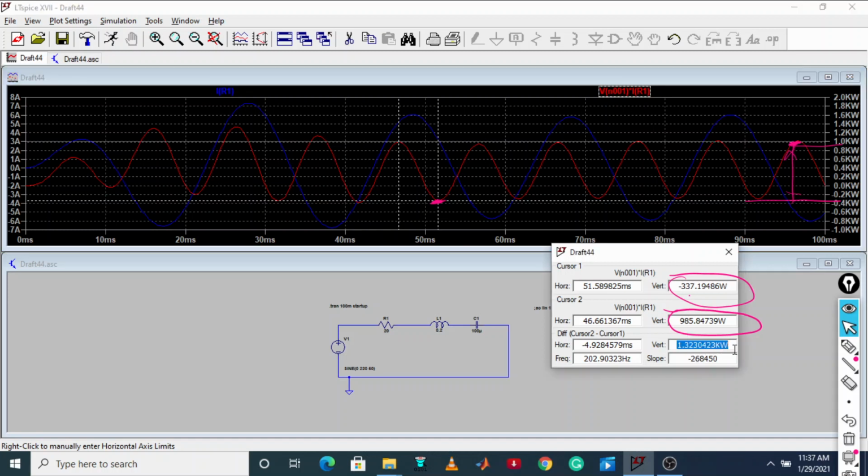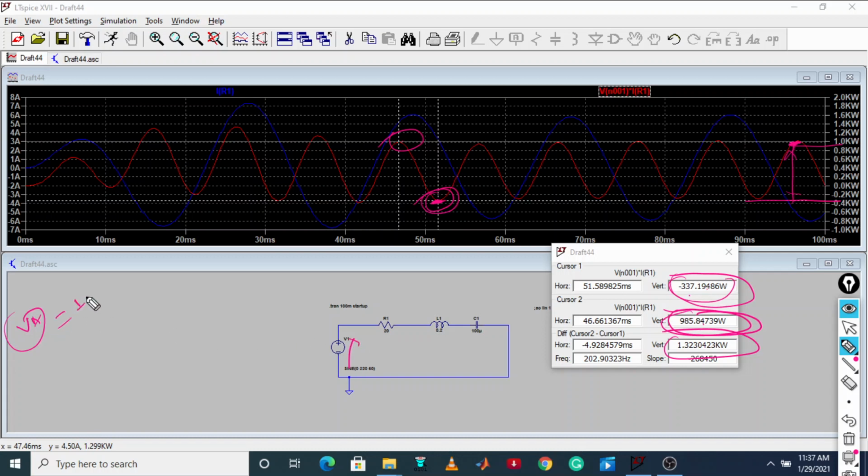This simulator always calculates cursor 2 minus cursor 1. Cursor 2 is positive and cursor 1 is negative, so this minus this will give you the maximum. This is the maximum volt ampere that is being supplied.